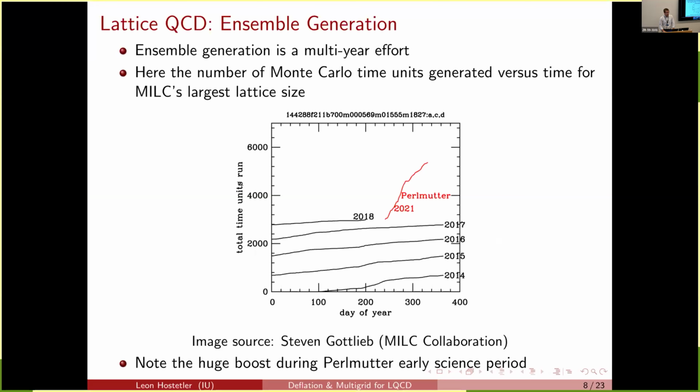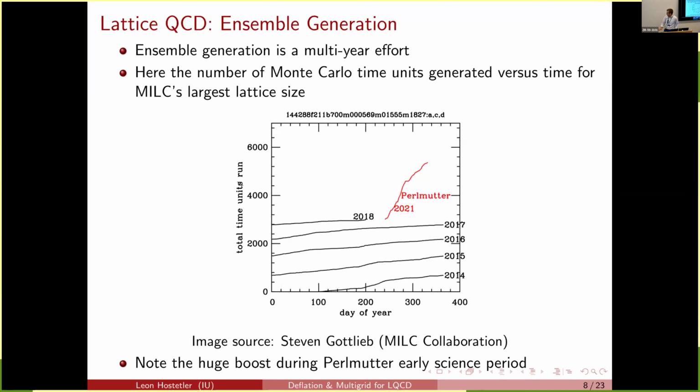So I have this interesting plot from my advisor, Steven Gottlieb, that kind of illustrates the multi-year effort that went into generating this one particular ensemble of gauge configurations. The vertical axis shows the Monte Carlo time units that were generated, and the horizontal axis shows day of the year, and the different curves then show different years.